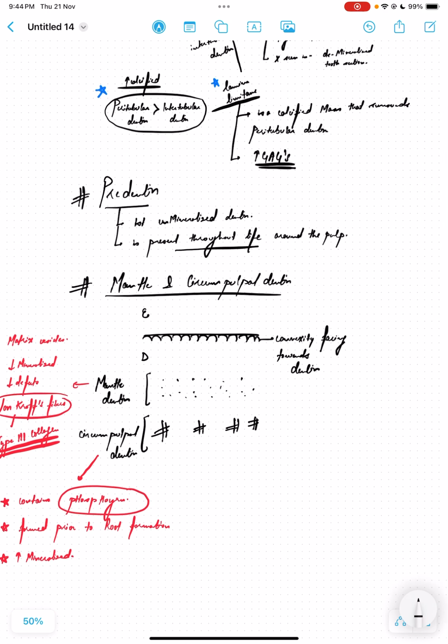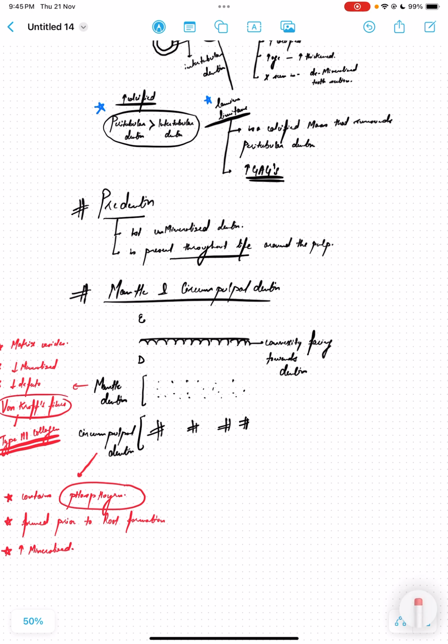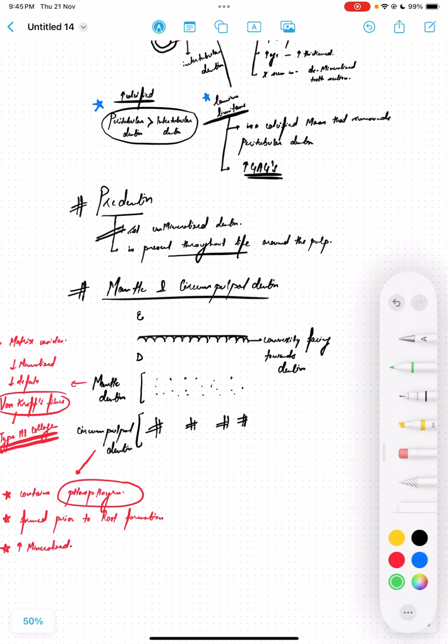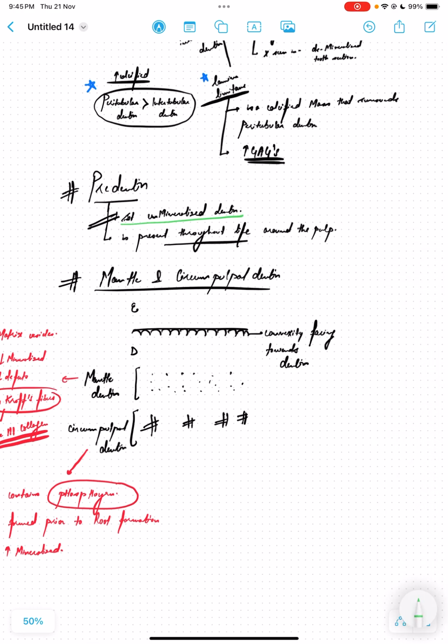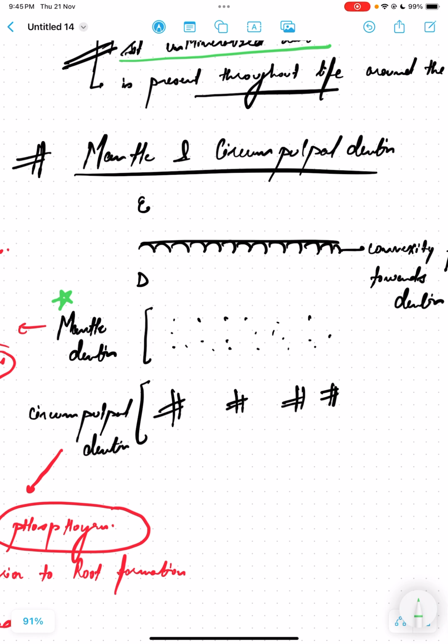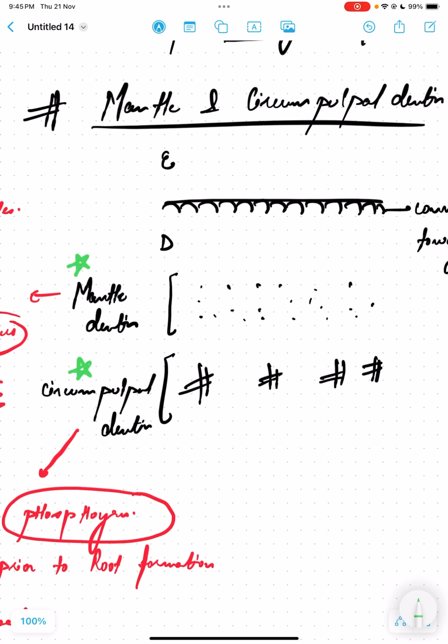Okay, what is the first unmineralized dentine? That is predentine. First unmineralized dentine is the predentine. What is the dentine that is formed just below the DEJ? That is called the mantle dentine, and below the mantle dentine is our circumpulpal dentine.